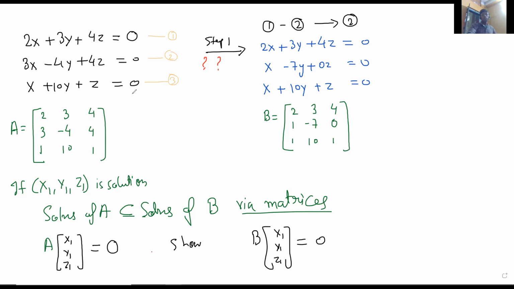So why must it preserve this solution? Because I'm doing a combinatorial operation. I'm switching rows, and in this case I'm subtracting one row from the other. So why should this combinatorial operation preserve solutions?